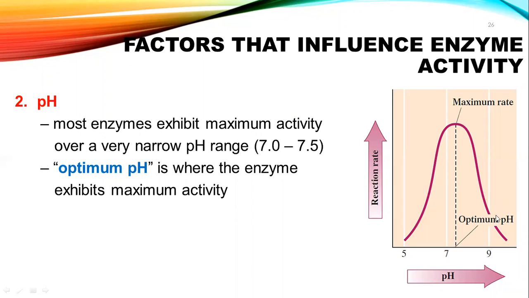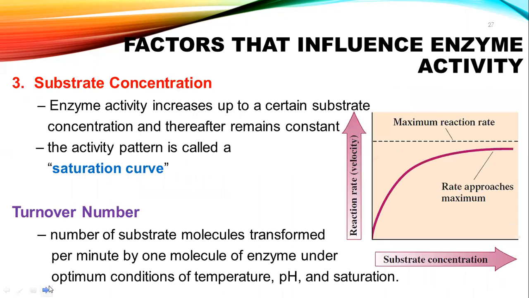After that, if you increase the pH further, our enzyme gets denatured, and therefore the rate of reaction decreases. So again, there is an optimum pH at which your enzyme can have its maximum reaction. Next one is the substrate.